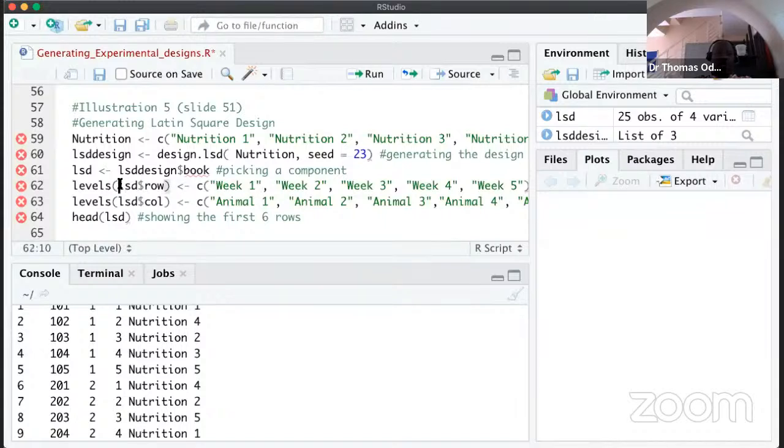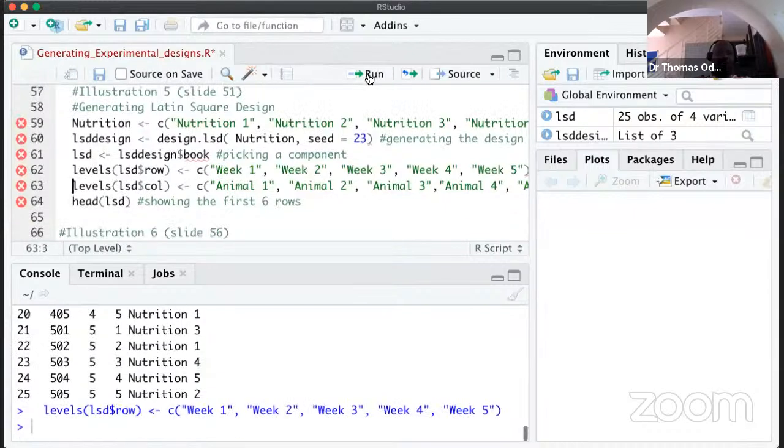So we go to our LSD, we look at the row, and we are relabeling the rows so that instead of having row 1, we have week 1, week 2, week 3, and so on and so forth. And then we do the same for the column. And then later we see what the results are.